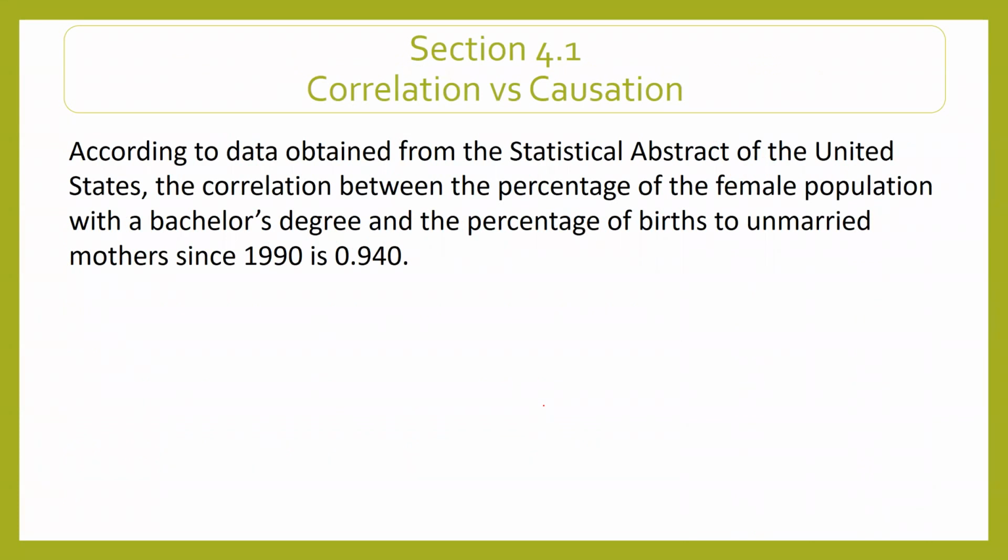All right, now there is this very crucial thing I have to mention here: correlation versus causation. According to data obtained from the Statistical Abstract of the United States, the correlation between the percentage of the female population with a bachelor's degree and the percentage of births to unmarried mothers since 1990 is 0.940.